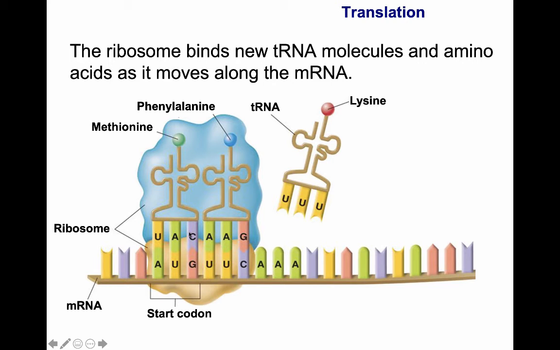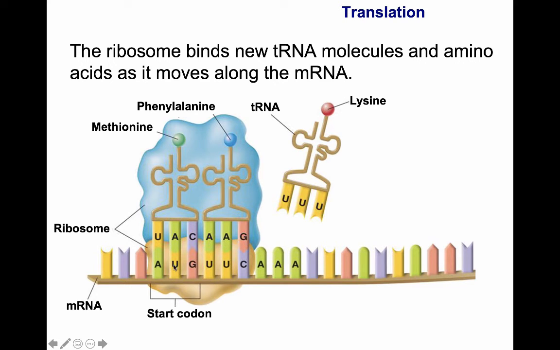They have RNA nucleotides that can be complementary to other RNA nucleotides, and each transfer RNA molecule has a unique amino acid that it can bind and carry. In the case of this transfer RNA that has the sequence UAC in this region called the anticodon of the tRNA, that particular transfer RNA carries methionine and only methionine.